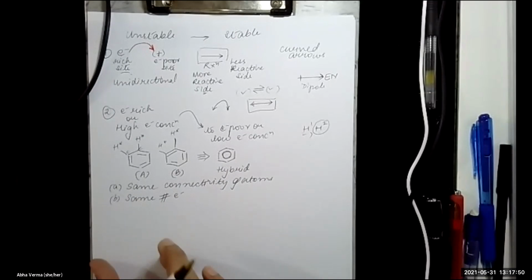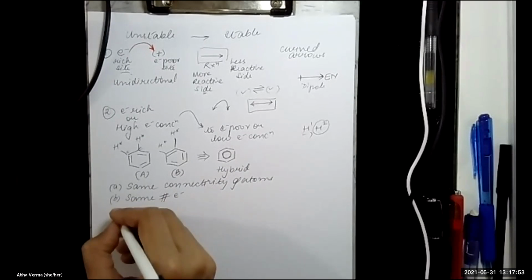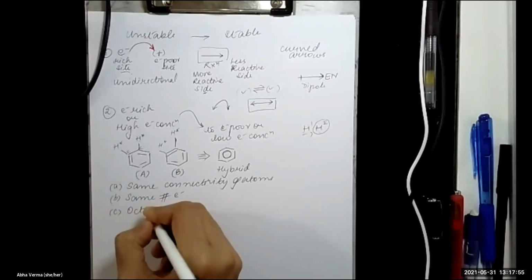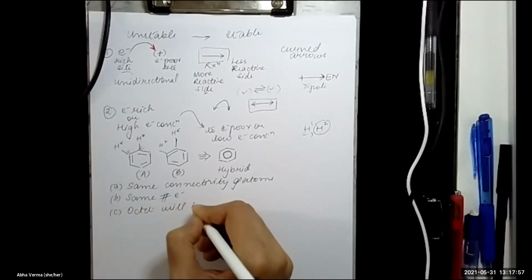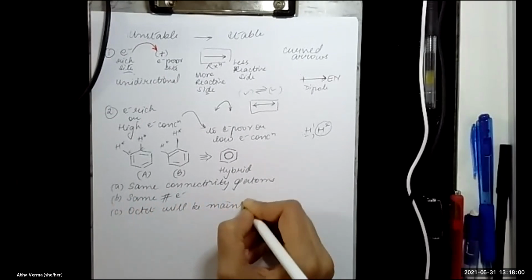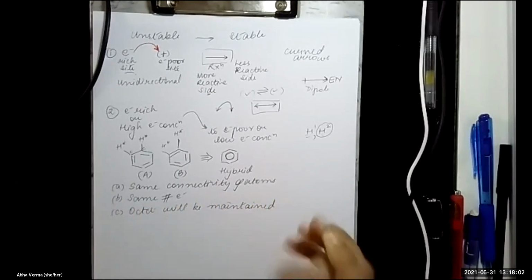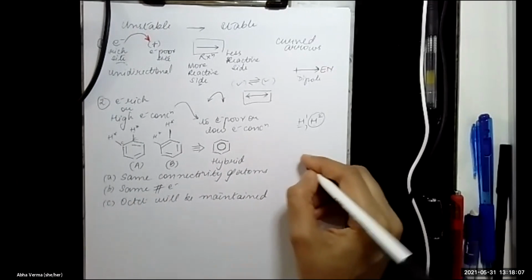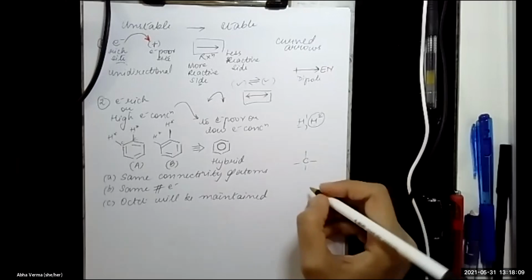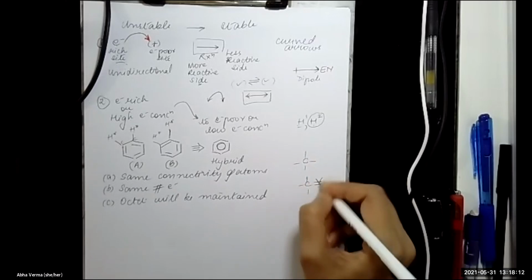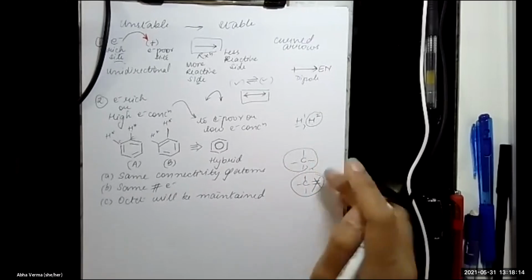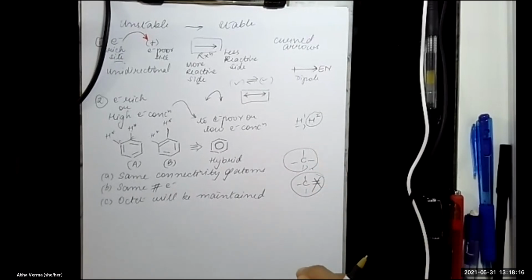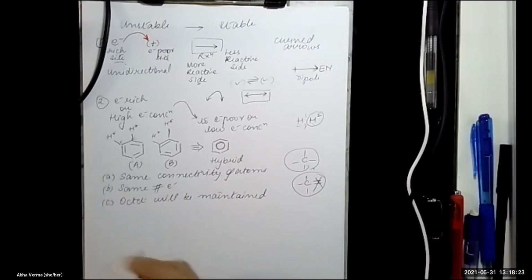The most important thing is that the octet will be maintained. This is a rule that you can never, ever break. What does this rule mean? If carbon can have 4 bonds, it will never have 5 bonds. You cannot have a structure where you will give 5 bonds to carbon, or you will give 6 bonds to oxygen, or you break a single bond.